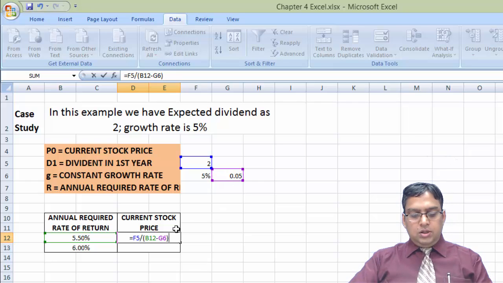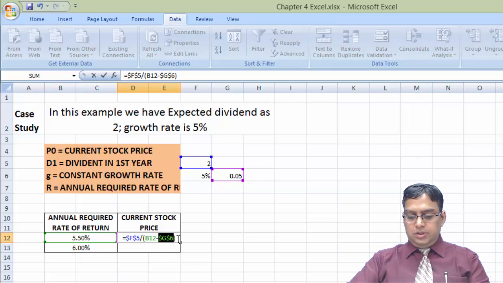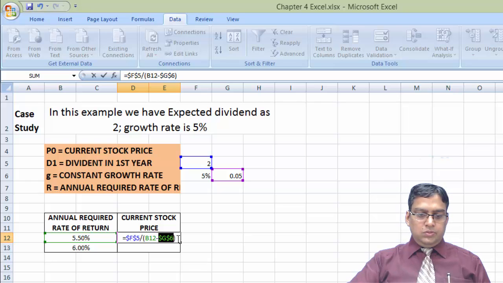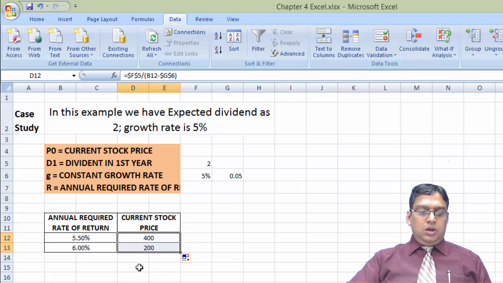Same, fix the cells. If you use relative cell reference, that is your output, 400 and 200 according to the required rate of return.